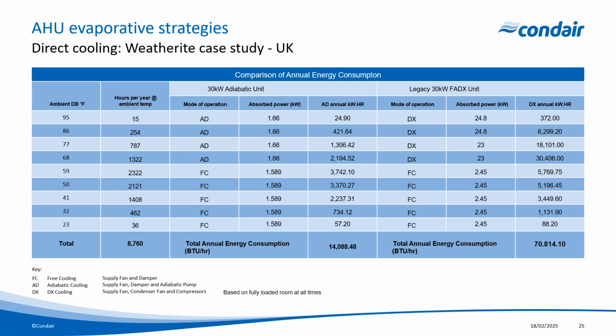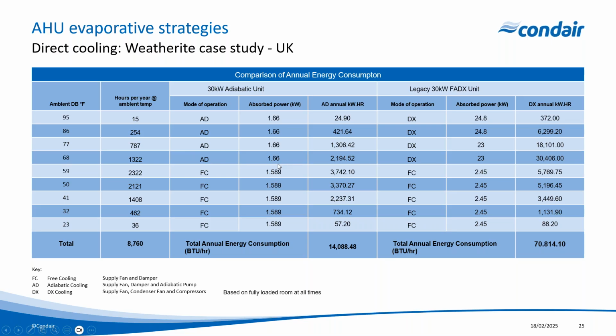But the change really occurs when we're above that 59 degree mark, moving into the 68 degree Fahrenheit supply temperature range. So the previous system would be running in DX cooling mode, and the new system, the adiabatic system, would be running in evaporative or adiabatic mode.